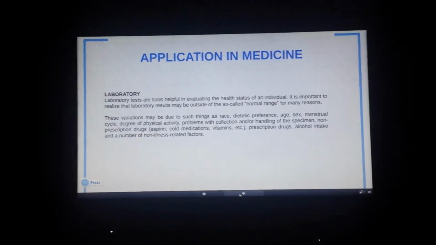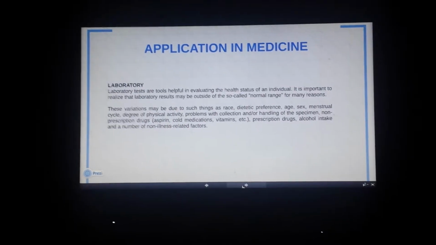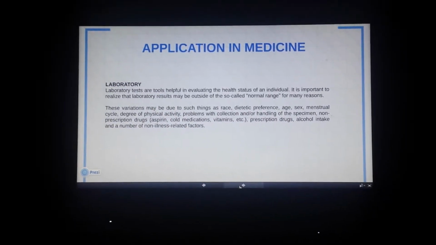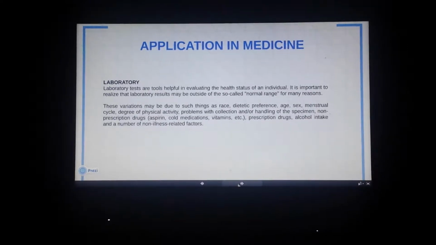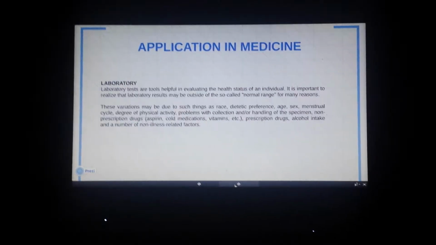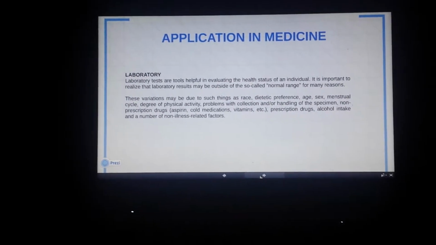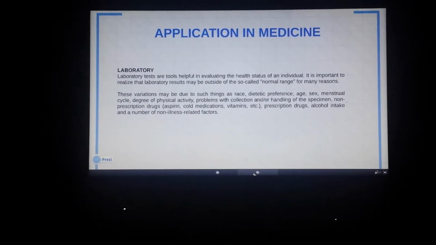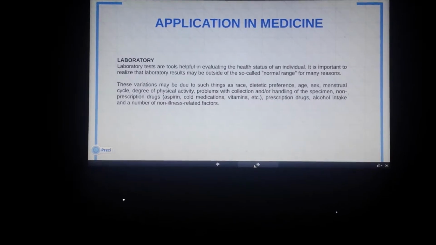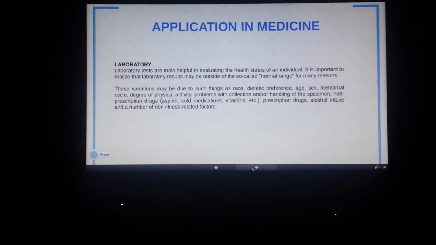Application in medicine laboratory. Laboratory tests are thought helpful in evaluating the health status of an individual. It's important to realize the laboratory result might be out of the so-called normal range for many reasons.